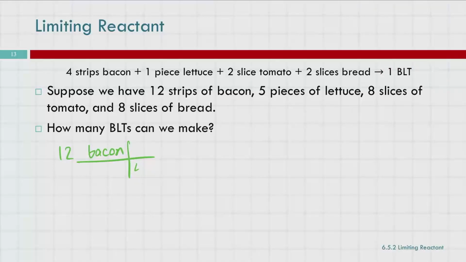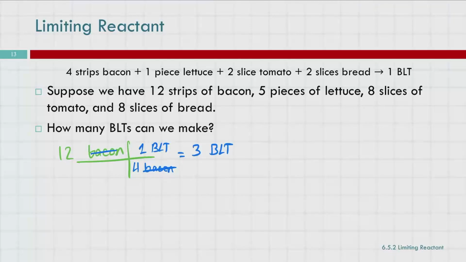So if we put in 4 bacon, we get out 1 BLT. 12 divided by 4, 3 BLT. Does that mean that we can make 3 BLTs if we have 12 strips of bacon?